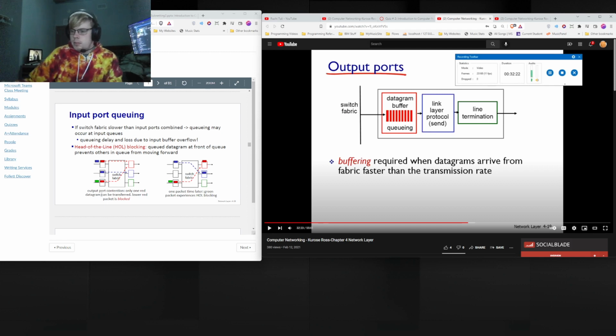What's this? What happened? Output port contention. Only one red datagram. Queue datagram at front of queue prevents others in queue.